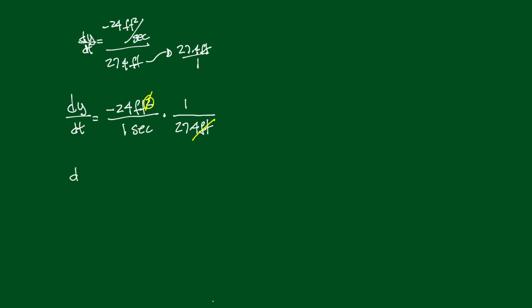We are left with dy/dt equal to negative 24 feet times 1 over 1 second times 27.4.